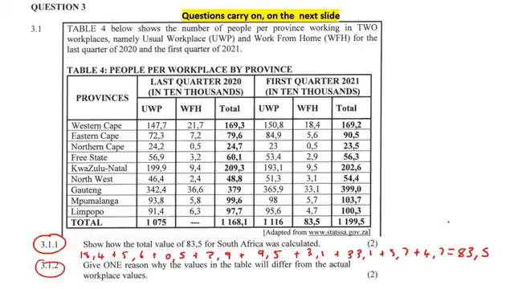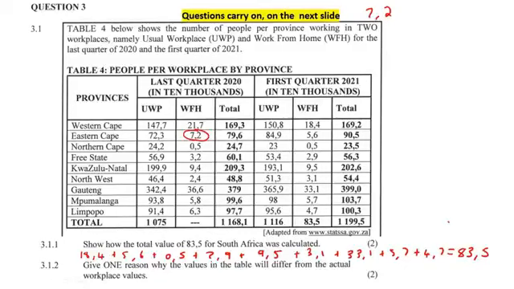Next one. Give one reason why the values in the table will differ from the actual workplace values. Well, okay, so what they mean is the following. For example, here, this says that working from home is 7.2.